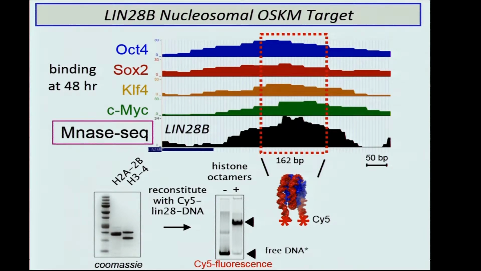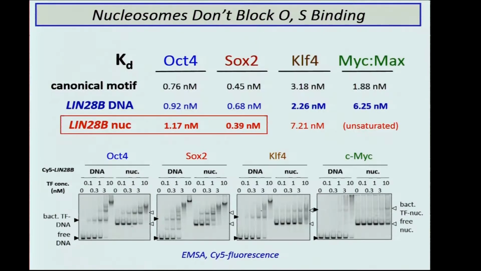This piece of DNA was reconstituted with recombinant histones to make a nucleosome structure. Now we can measure the affinity of all the OSKM factors to the same piece of DNA, both in a naked DNA form and a nucleosomal form.